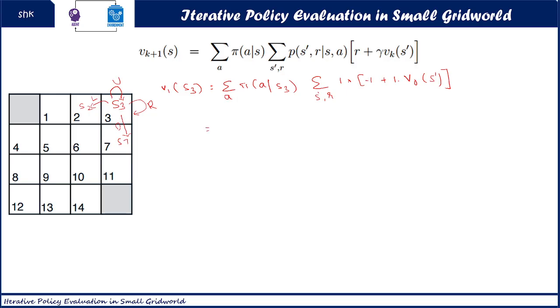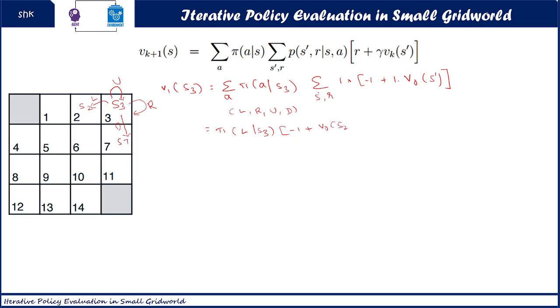Now we will write the expansion. So what are the actions we are going to consider? Left, right, upward and downward. So now we'll write the probability of the left action from the S3 state. The summation we write as -1 plus V naught of the next state we are going to have when it is the left side.